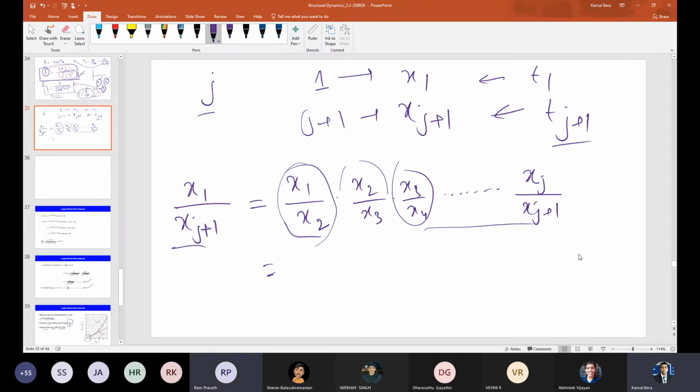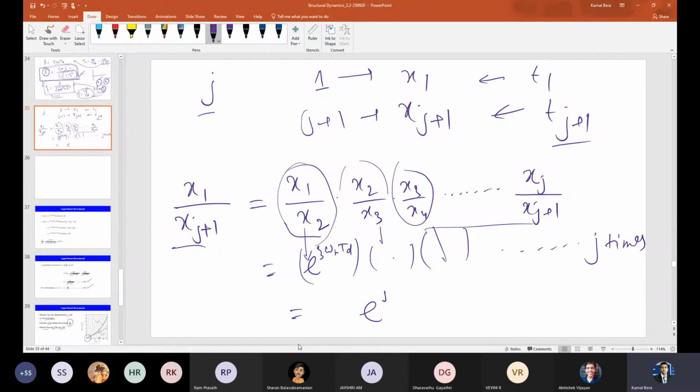The log of that will be delta, so it will be e raised to zeta omega n times TD, and this is the same for each cycle, j times, right? That means e raised to the power, but TD will change this.